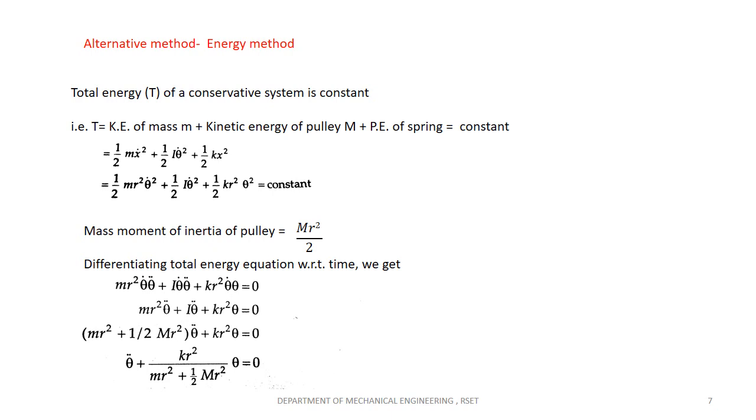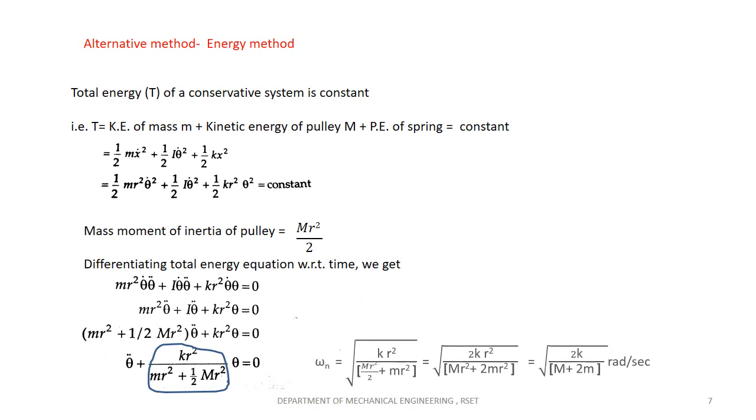So rearrange this equation and you will get it like this. This is the same equation which we got when using Newton's method. This part of the equation is the natural frequency squared, omega n square. The root of that will be the expression for the natural frequency.